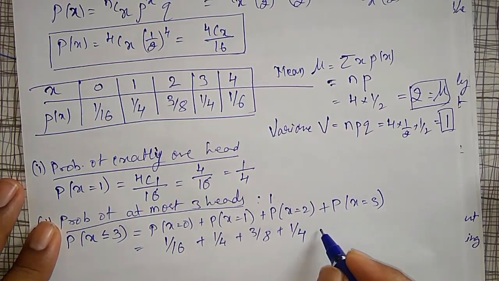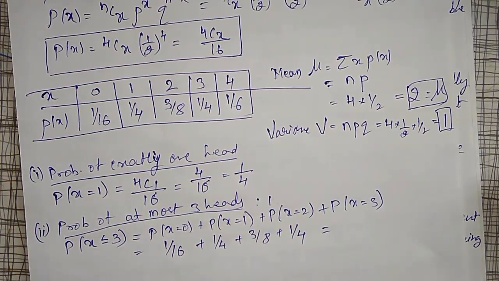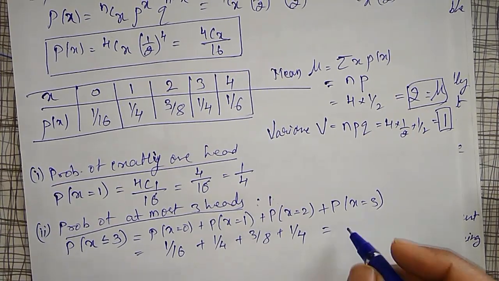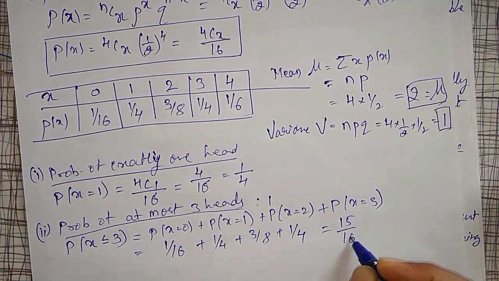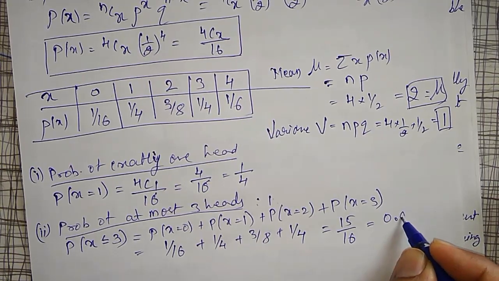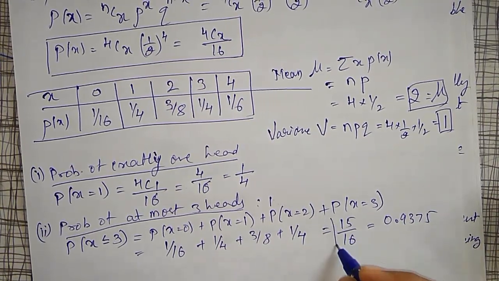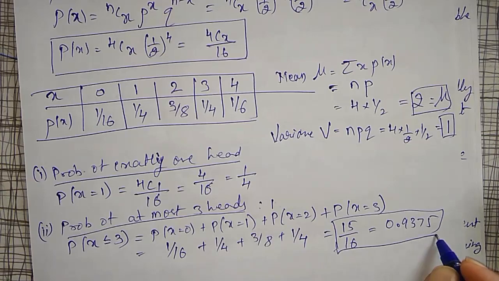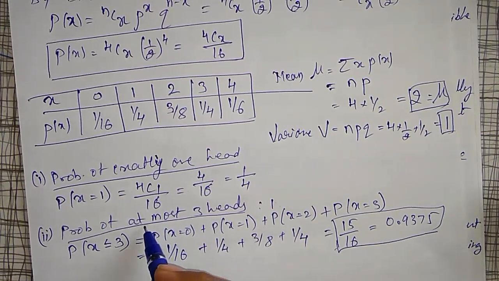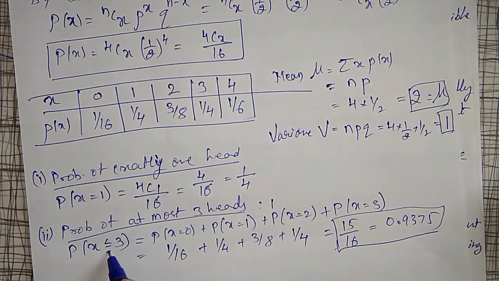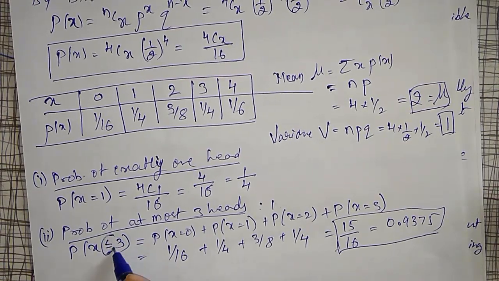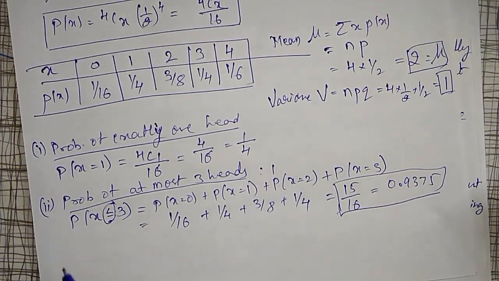You can add them. That is 15 divided by 16 or 0.9375. This is the probability of at most. Whenever you are using at most, you have to use less than or equal to.